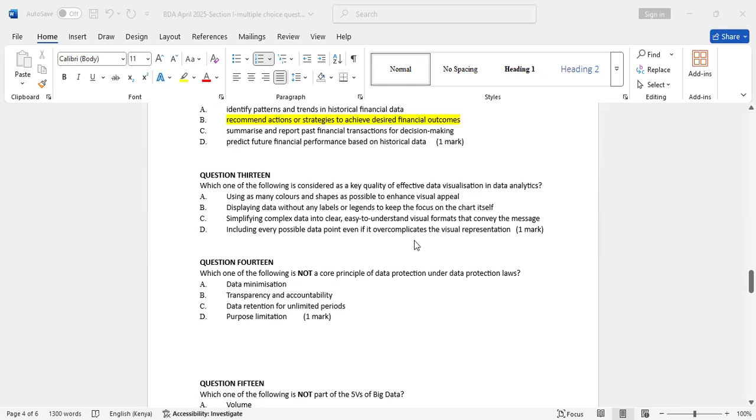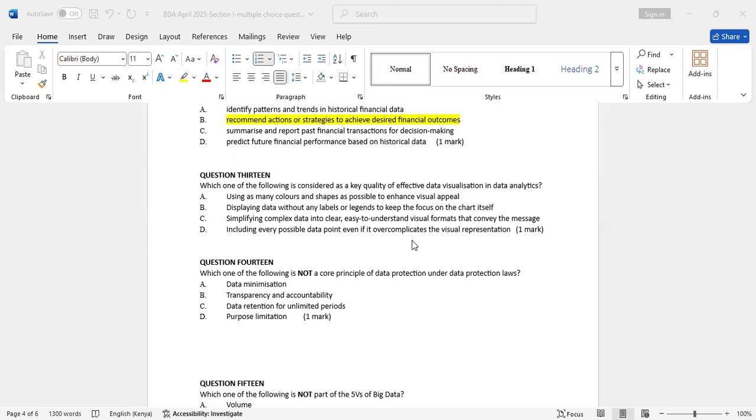A, using as many colors and shapes as possible to enhance visual appeal. No, that's not effective data visualization. B, displaying data without any labels or legends to keep the focus on the chart itself.